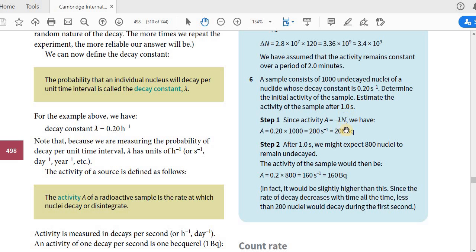Now again remember, this N is the number of nuclei remaining. So we will use that here. Now the decay constant doesn't change, but N changes, and when N changes, A changes. So we get 160 becquerel. In fact, it would be slightly higher than this, since the rate of decay decreases with time all the time. Less than 200 nuclei would decay during the first second.